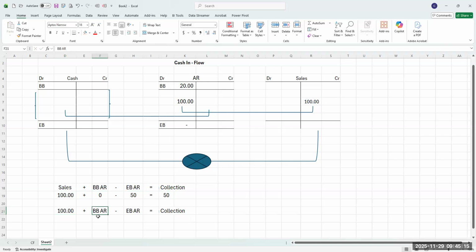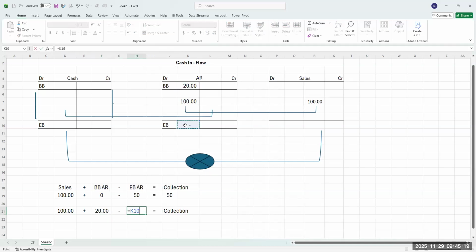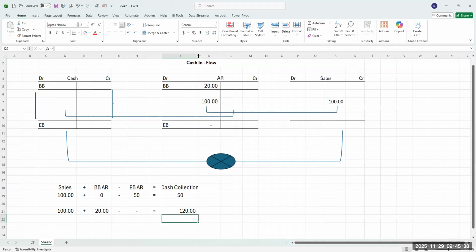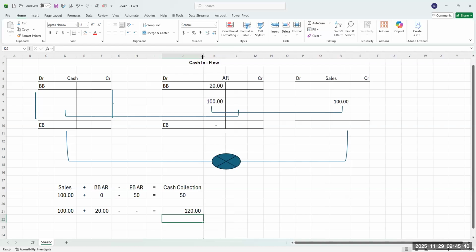My beginning balance of accounts receivable is 20. My ending balance is 0. Collection will be this one plus this one minus that one. The cash that I collected is $120. Make sense? Are you guys with me? Yes, Prof. So 120 here and 120 here.